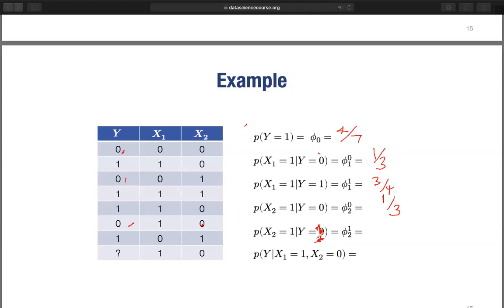Two over 4, okay, 2 over 4, which is 1 over 2. That's correct, actually. So that's 1/2.